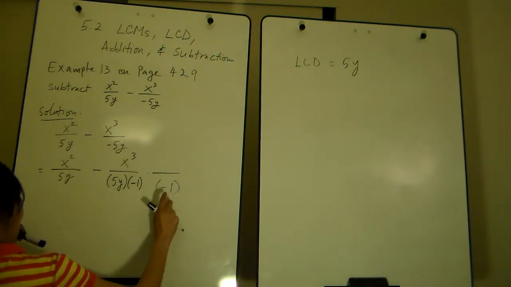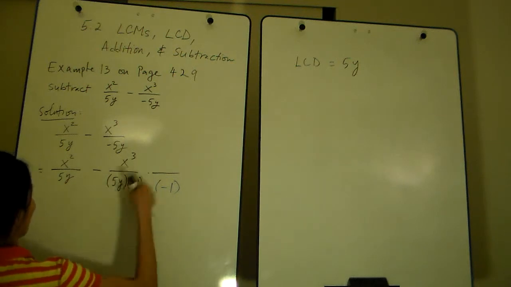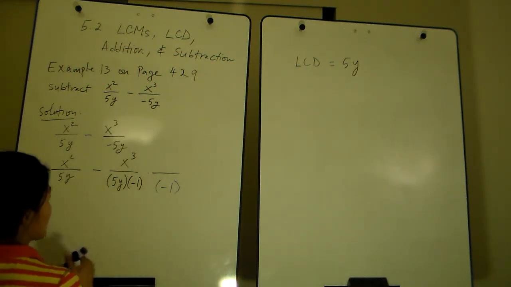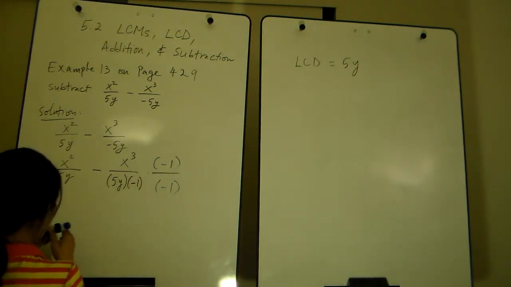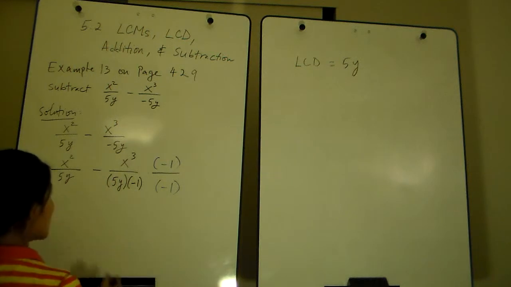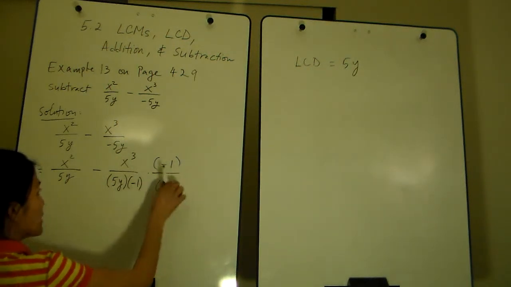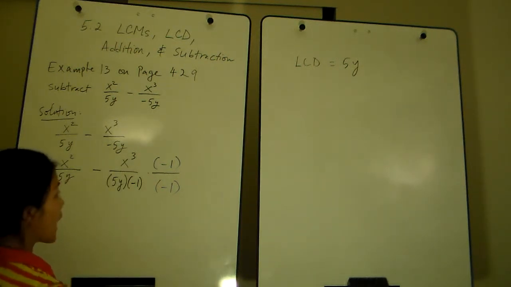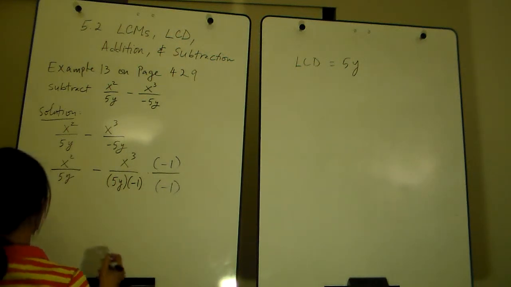Now, when you multiply by negative 1 in the denominator, you change the original problem. That means this does not equal this. So to compensate for the difference, you multiply negative 1 on top as well. That means negative 1 divided by negative 1 is 1. So 1 times this second fraction is still the same second fraction. That's the reason why we want to multiply by a factor of 1.